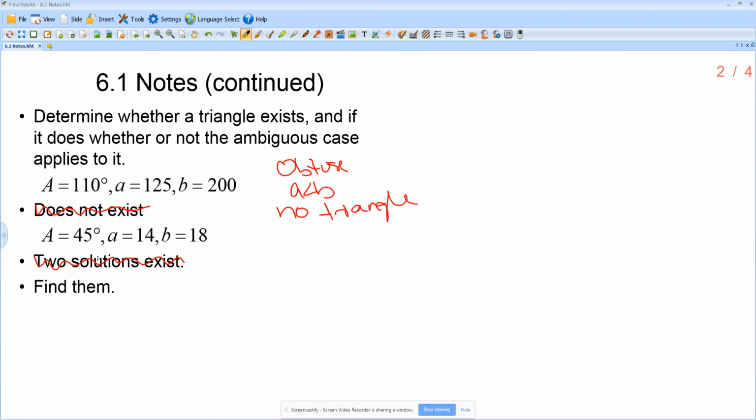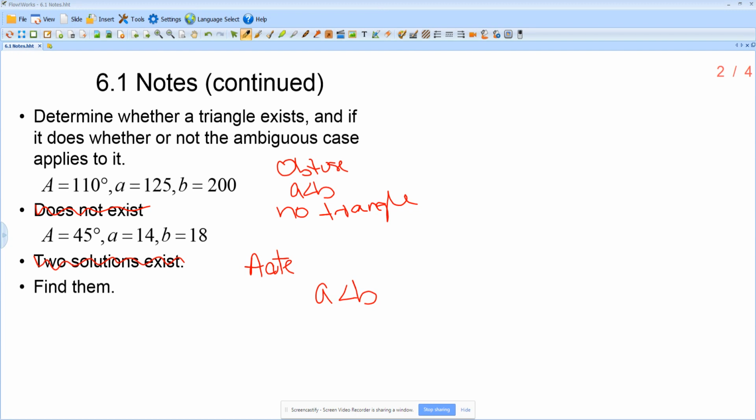In this next case, I have an acute angle. So this is the case where I don't know, there's so much that could be happening. First, I see that a is less than b. When I know that a is less than b, that does give me a little bit of information, because a being less than b means that I do not have a no triangle case. So I'm either looking at one or two triangles.